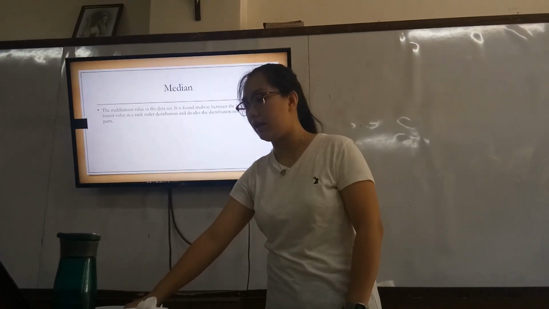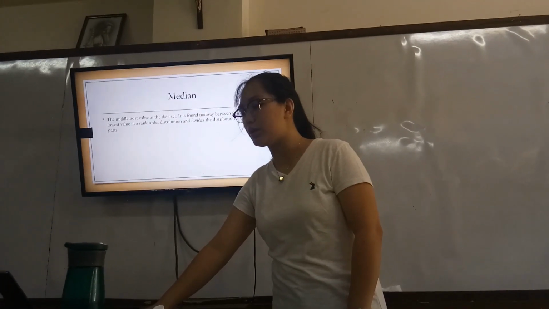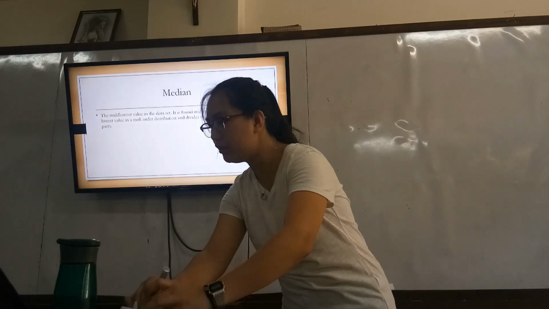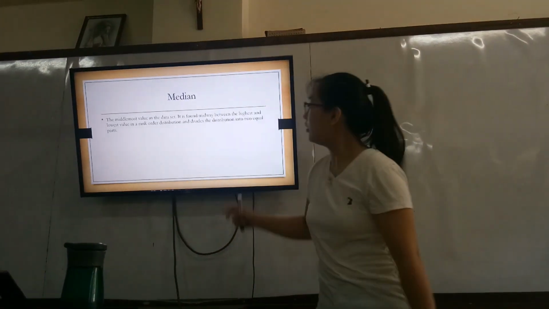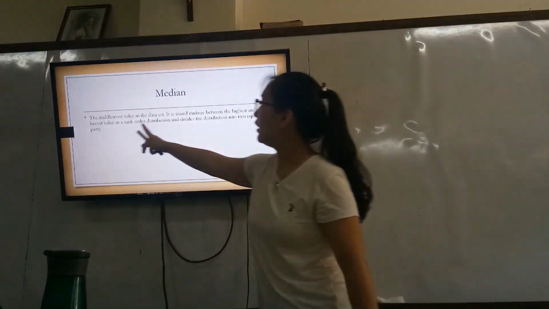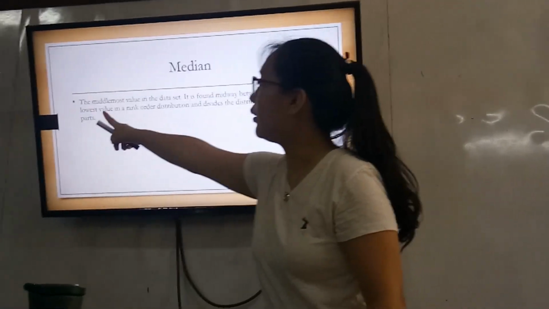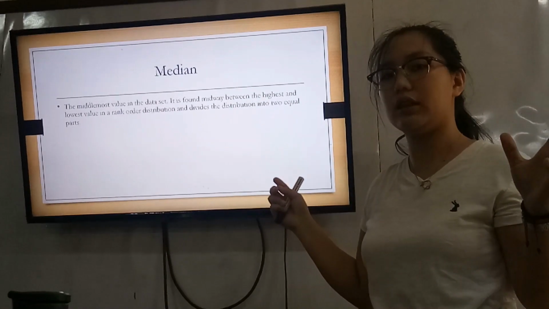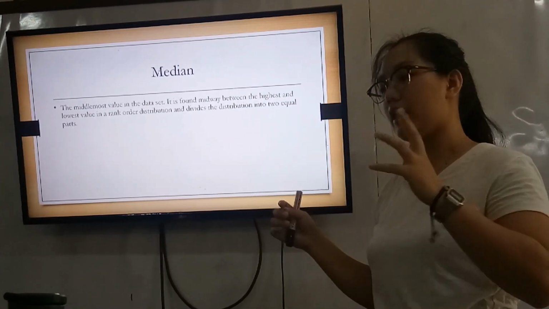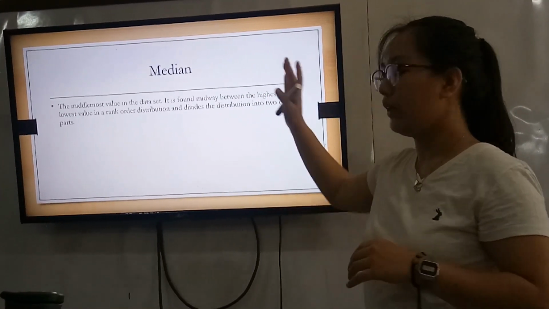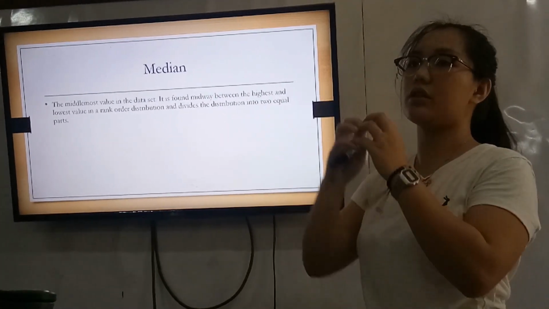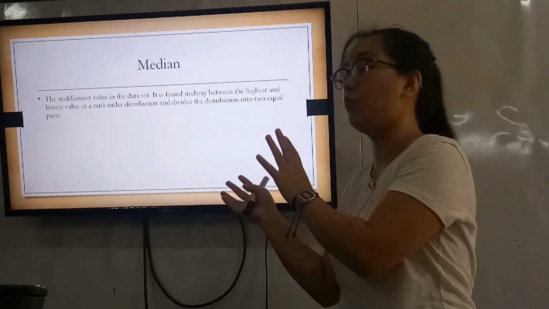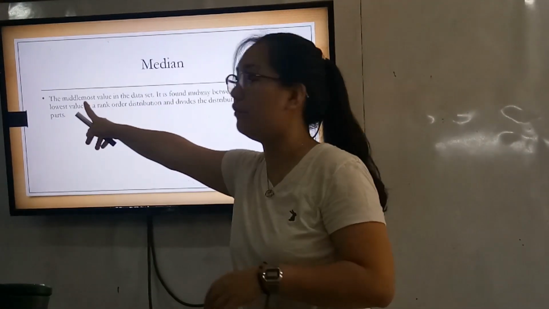So we're going to find your median by starting with your lowest. All you have to do is arrange first your data set from highest to lowest or lowest to highest. This is the value which divides your data set into the lower group and the upper group, the middlemost value.